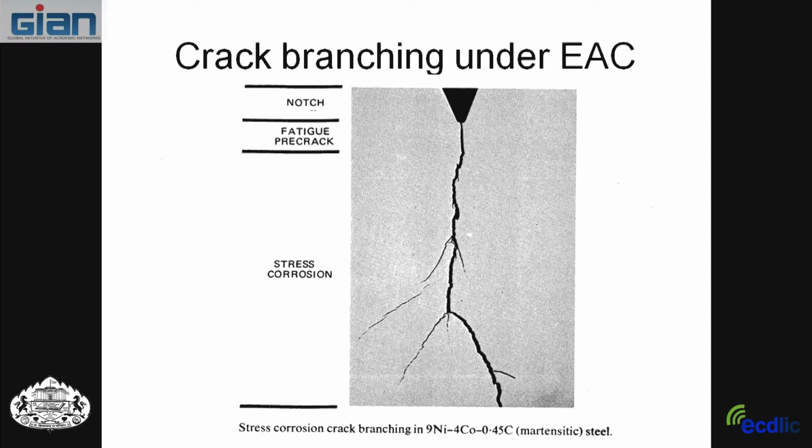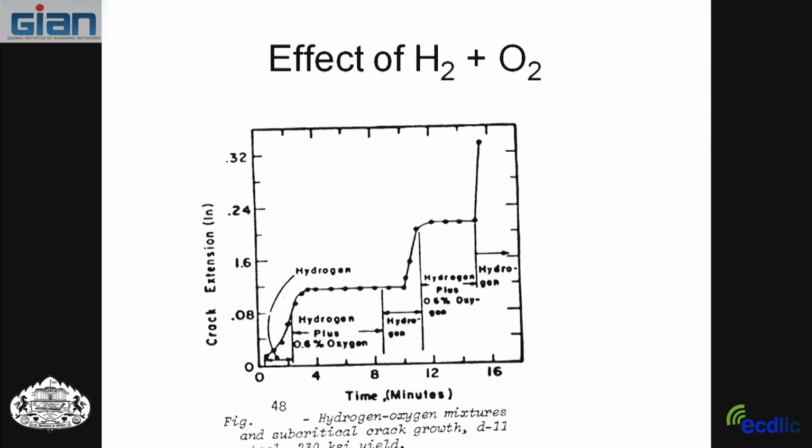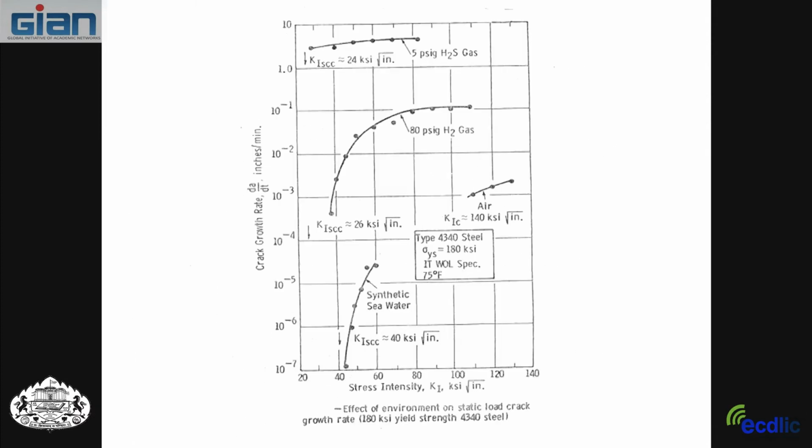So here's the pre-crack. Here's the crack growing, growing, growing, and then it hits that flat region, so it starts branching. Almost no other fracture phenomenon branches like that, and that's a consequence of the fact that you have more K than you need to grow the crack. That's what the people are saying.